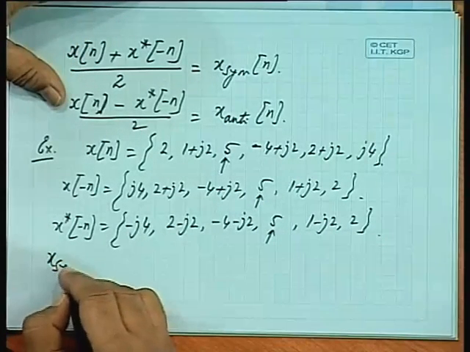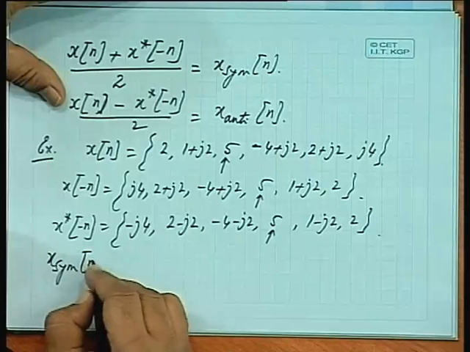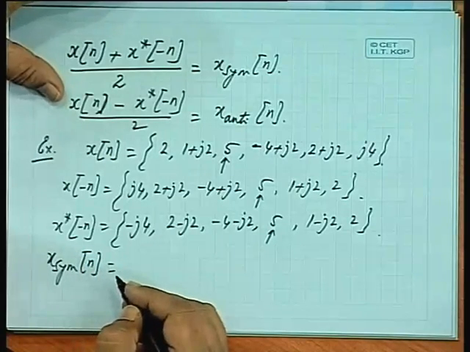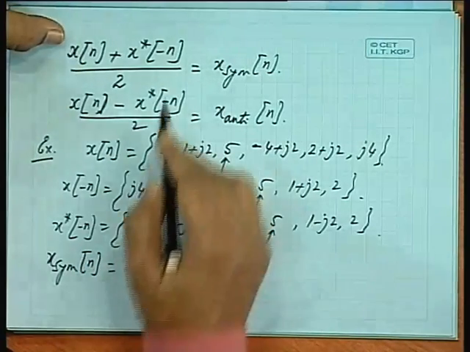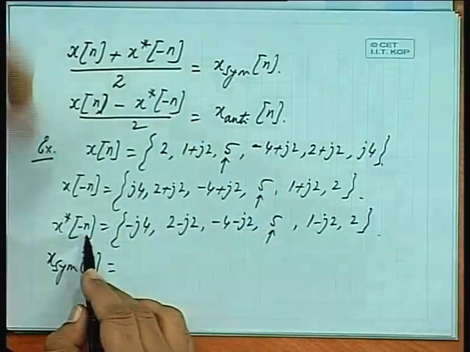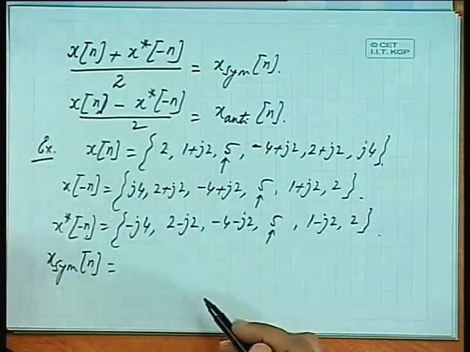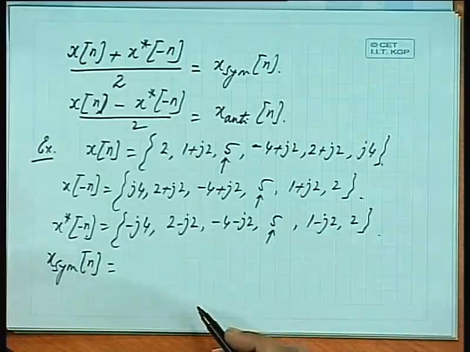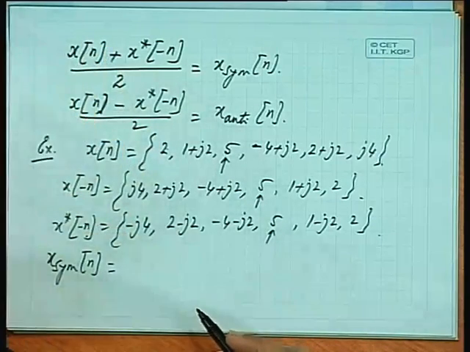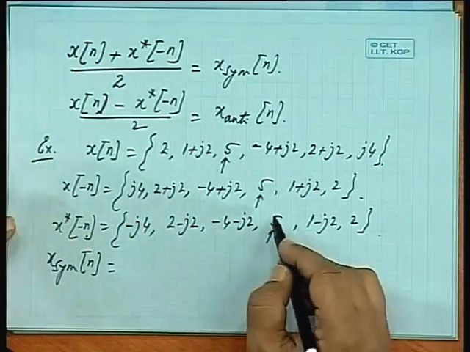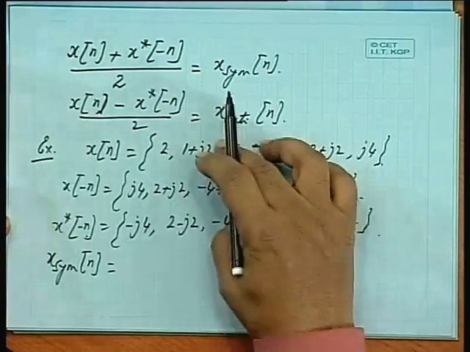So, what will be the symmetric component? Symmetric component is half of x n plus x star minus n, divided by 2. So, this plus this by 2, keeping the origin intact.